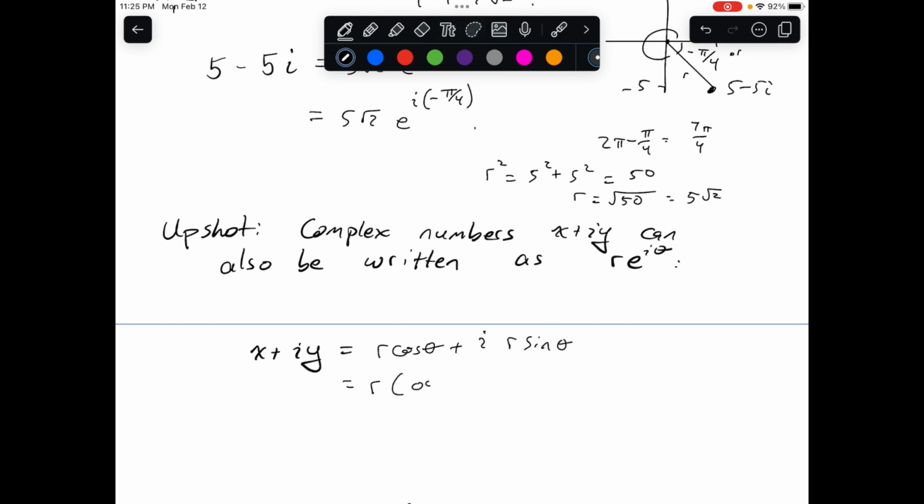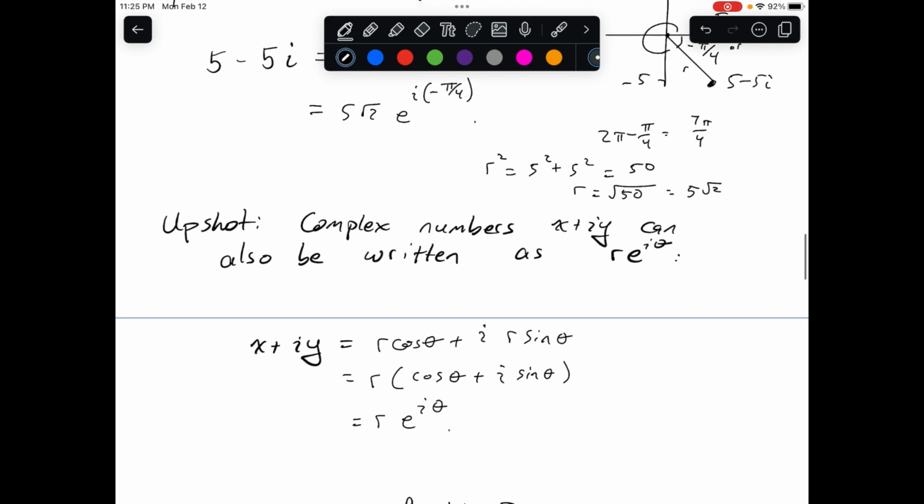Then you can just pull out that r and you're left with cosine of theta plus i sine of theta. And this is exactly what we just showed is equal to e to the i theta.